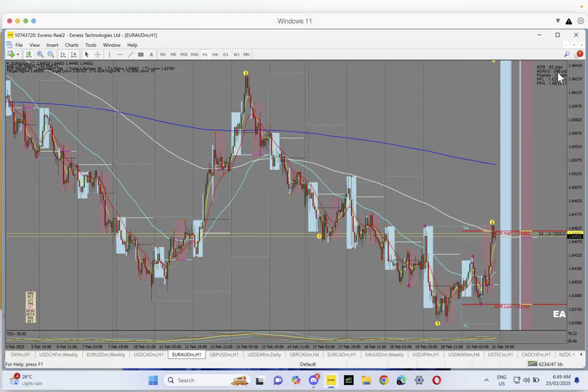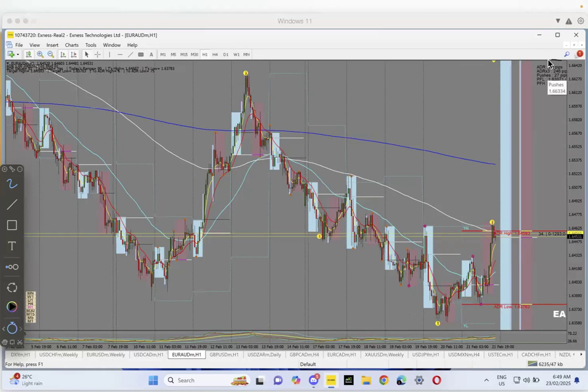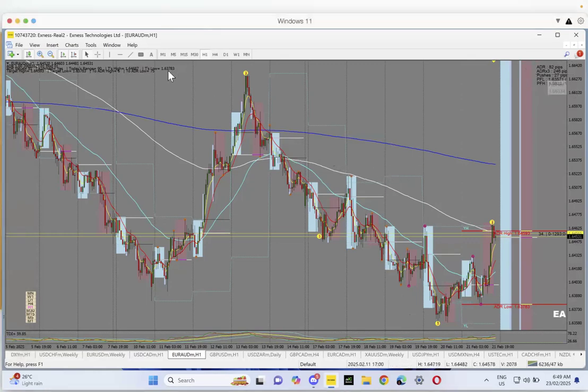Now, the good thing is you've got your ADR values on the top corner there, and 3 ADR is 246 pips. So if we put 246 pips here, we should get 246. Yeah, maybe somewhere there, 246, 247.